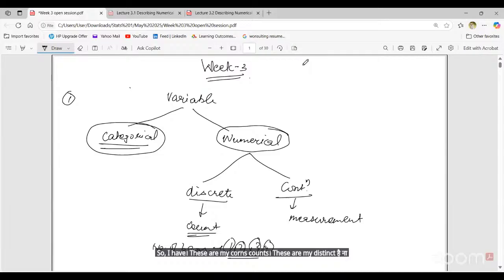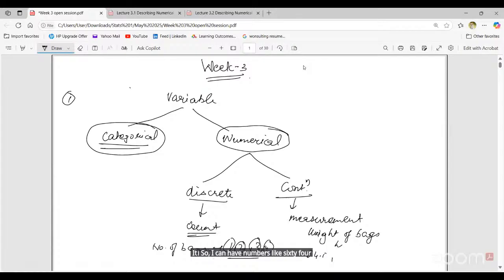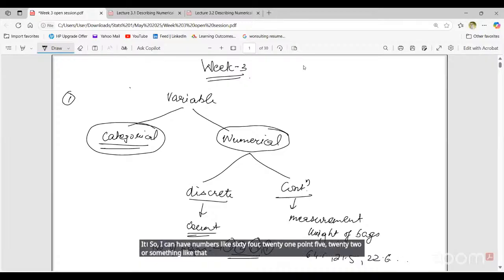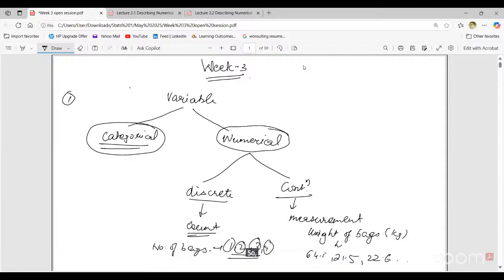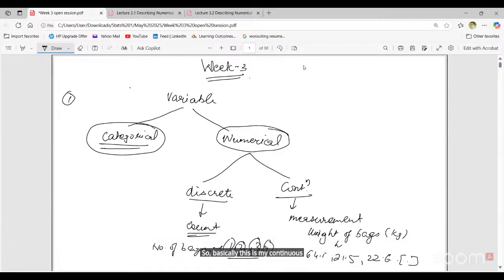Now, if I say the weights of the bags, I can have numbers like 64.5, 21.5, 22.6, right? These weights are in kgs. If I want to describe this, I would be describing them in intervals. So this is my continuous variable. Got it?